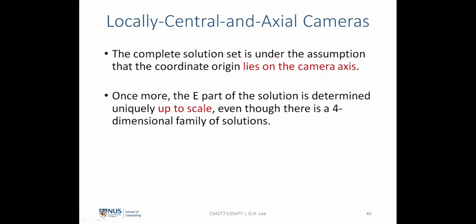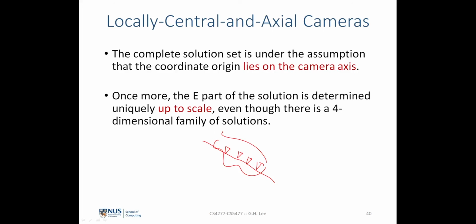So similar to the axial camera configuration, the complete solution set is under the assumption that the origin lies on the camera axis. In this particular case, we have a general camera and there's also an axis. So every one of the multi-camera systems that is fixed onto this general camera lies on the camera axis.